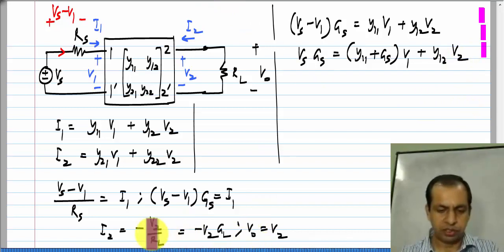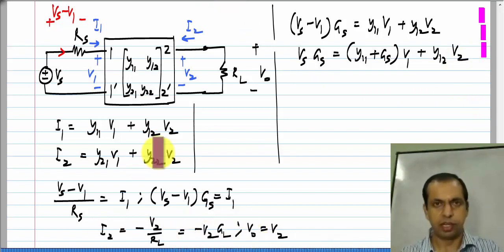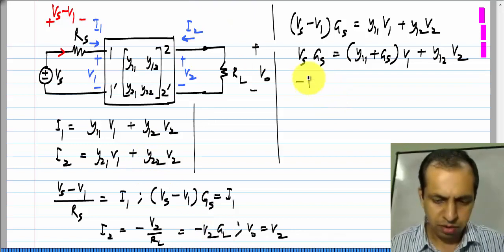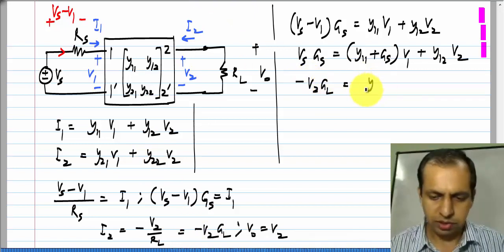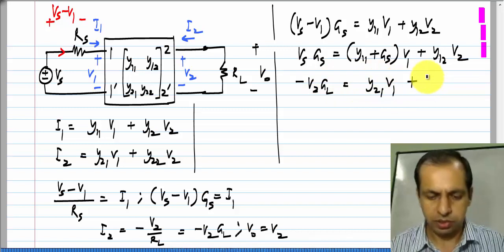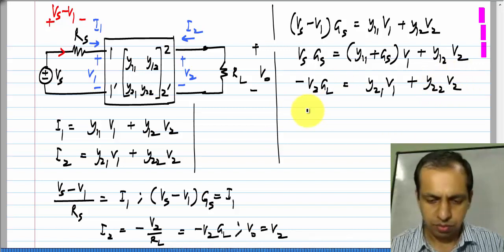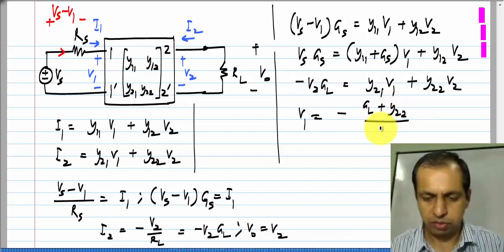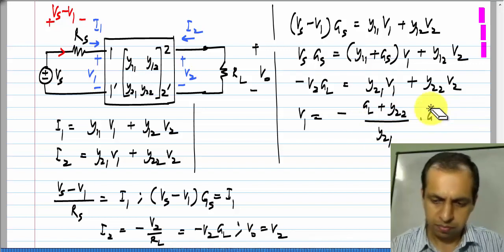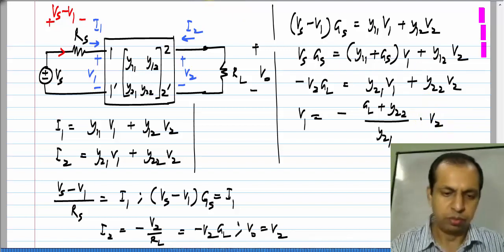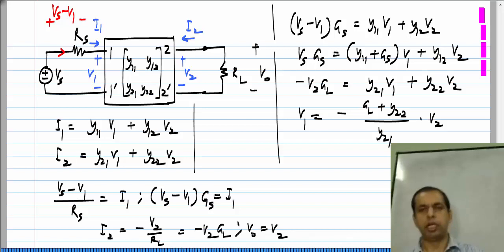And I will substitute this I 2 equals minus V 2 G L in the second equation, which gives me minus V 2 G L is y 2 1 V 1 plus y 2 2 V 2, and this gives you V 1 to be minus G L plus y 2 2 divided by y 2 1 times V 2. Okay.